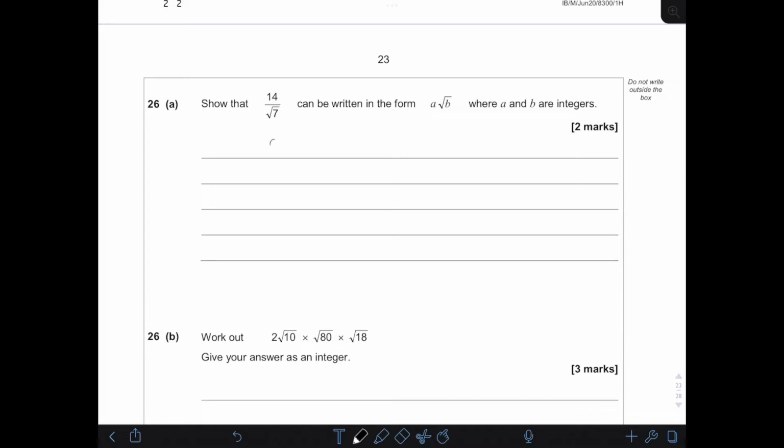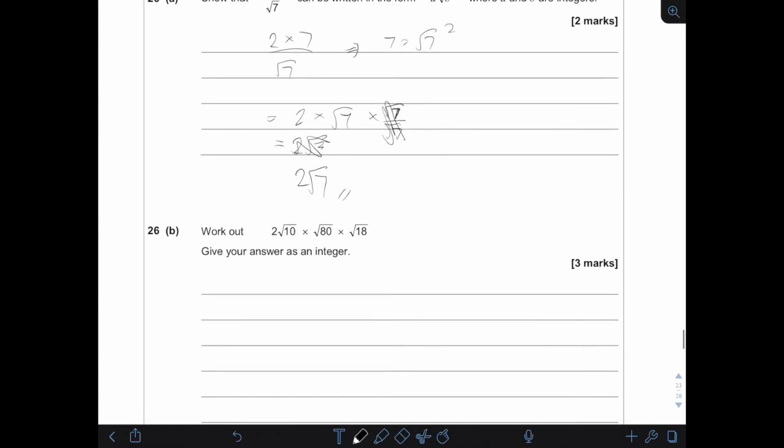So we know that 14 is 2 times 7, and we know that 7 equals root 7 squared, which means that we have 2 times root 7 times root 7 divided by root 7, which cancels to just 1, which gives us 2 root. I keep writing 3 for some reason. 2 root 7 as our answer. So A is 2, B is 7, that's fine.